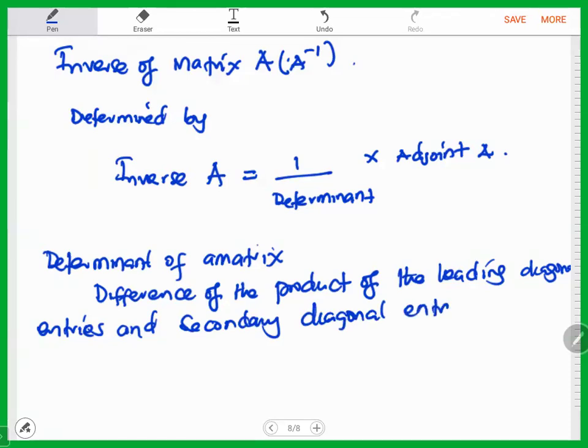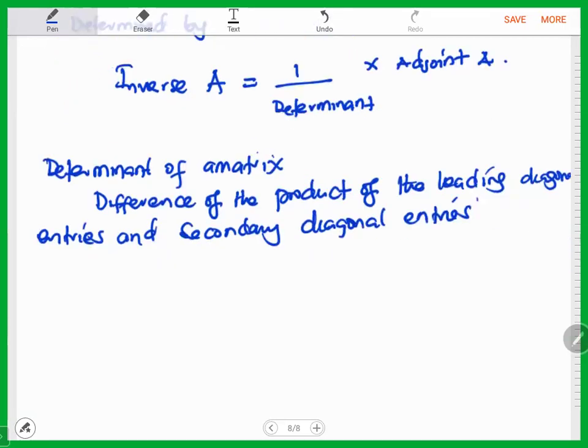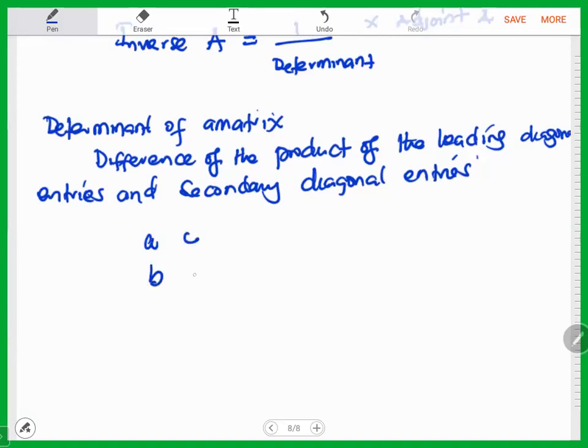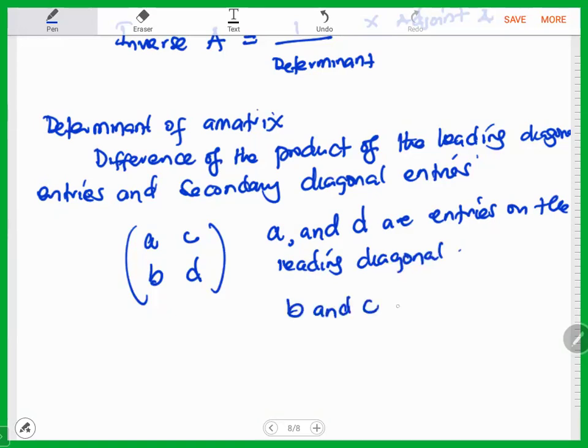In other words, for a matrix A, B, C, and D, A and D are entries on the leading diagonal, and then B and C are entries on the secondary diagonal.